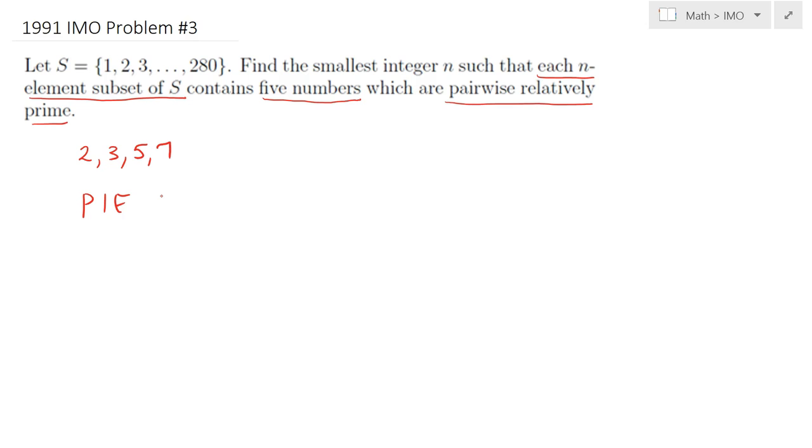You would count, I believe, 216 numbers in S, which are divisible by 2, 3, 5, or 7, or a combination of all these.